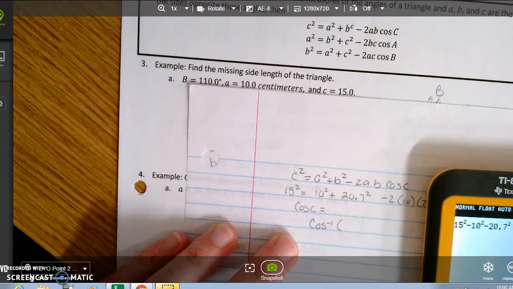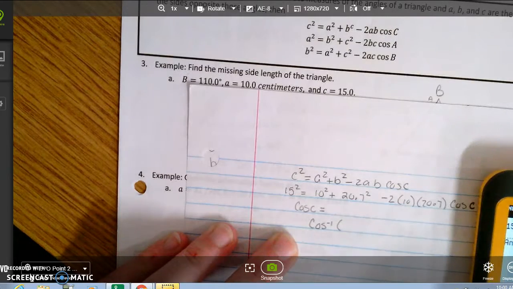I'm going to get an answer, and I'm going to divide all that by the negative 2 times 10 times 20.7.